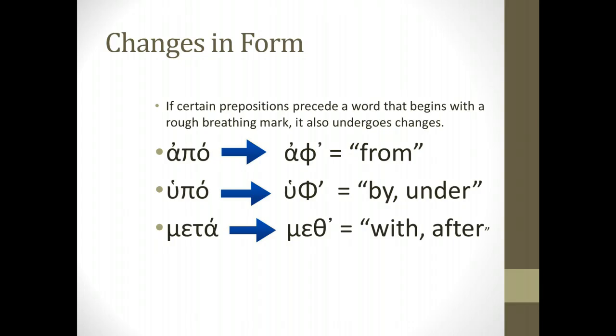Hupo drops off the omicron, and the pi becomes a phi, and it becomes huph. And then finally, meta drops off the alpha, and the tau becomes a theta and becomes meth. Notice the little mark there, like our apostrophe in English, to indicate that there's a vowel missing. The Greeks do the same. But again, it doesn't change anything about translation or about what case it works with. It's just a matter of pronunciation.